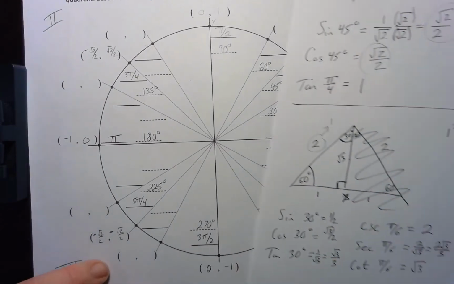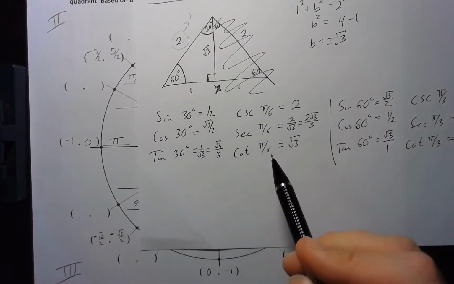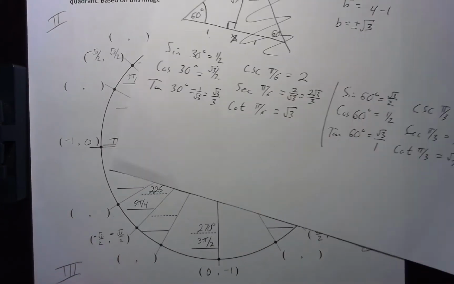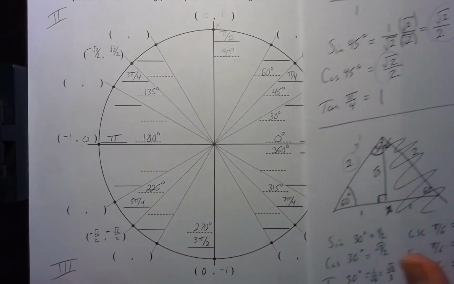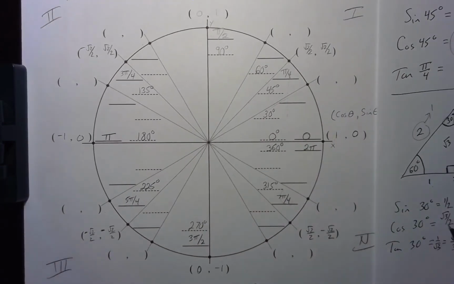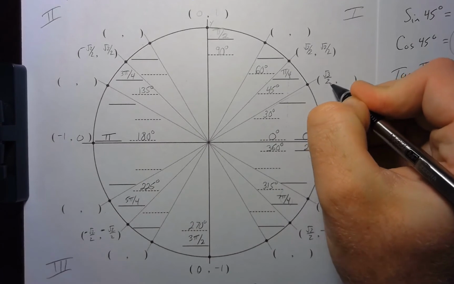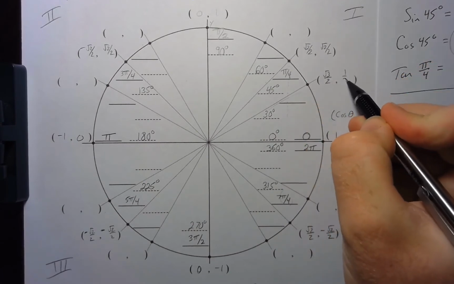Now, just like we did here with these two values, we're going to shift these values where they need to be. So, let's start with the cosine, because the x value is the cosine. The cosine of 30 degrees is radical 3 over 2, which means that here the cosine value, the x value, should be radical 3 over 2, while the sine value is 1/2.